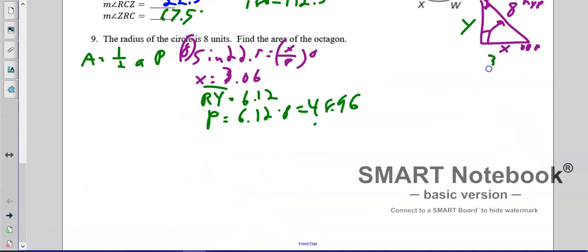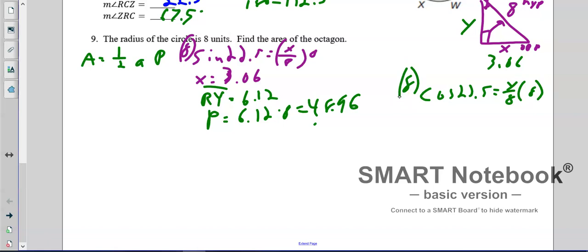Since we know this is 3.06, we can either use trigonometry and say the cosine of 22.5 is equal to adjacent over hypotenuse, and multiply both sides by 8 again.